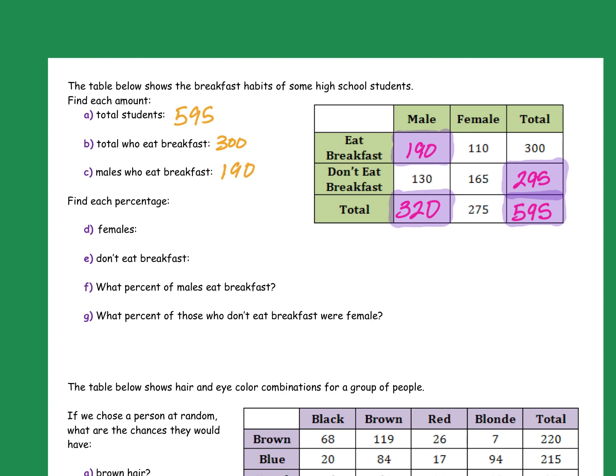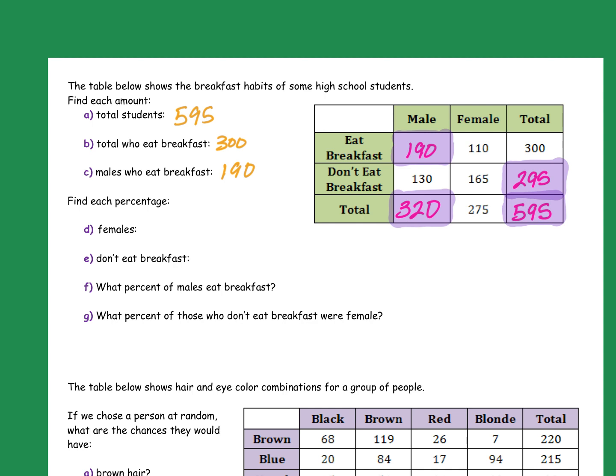How many females, what percentage did we have of females? 275. Get out your calculator and tell me what the percentage is. What did you divide by?